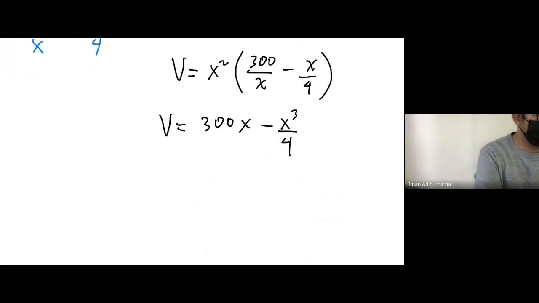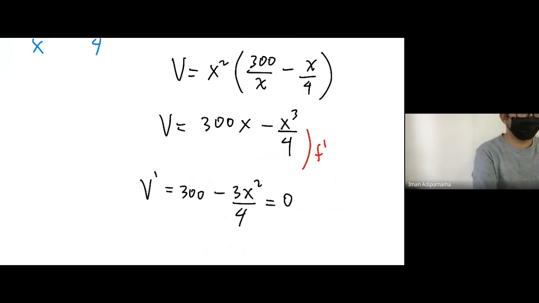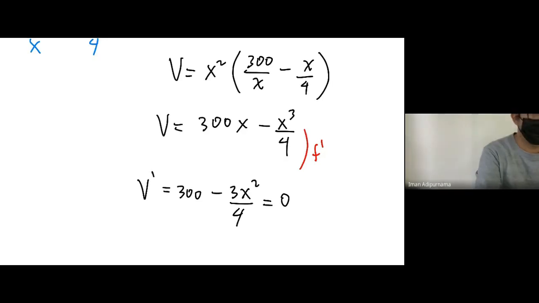To find the largest possible or maximum value, we need to find the critical point, so we derive this. Take the first derivative. So V prime will be 300 minus 3x squared over 4, and this should equal 0 to find the critical number.